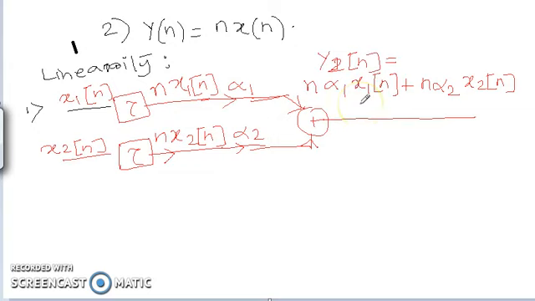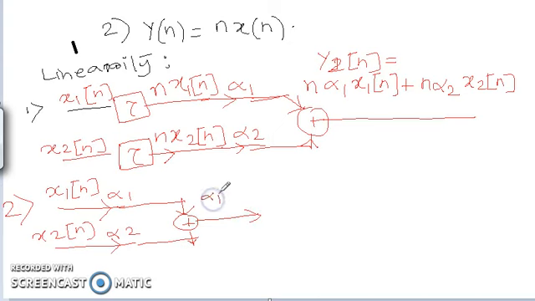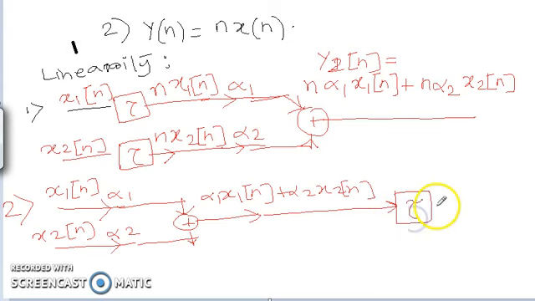Now another diagram we have to draw. What is that diagram? Now we are taking two inputs x1[n] and x2[n], scaling them with alpha 1 and alpha 2 factors respectively, and summing the two inputs. Now it becomes alpha 1 x1[n] plus alpha 2 x2[n], and we feed it through the transfer function.